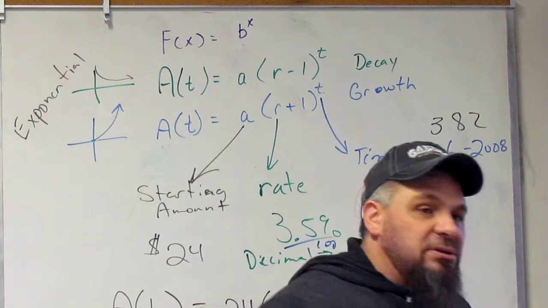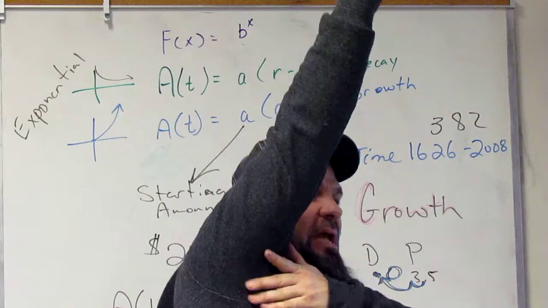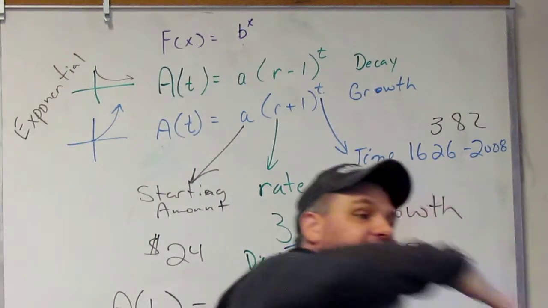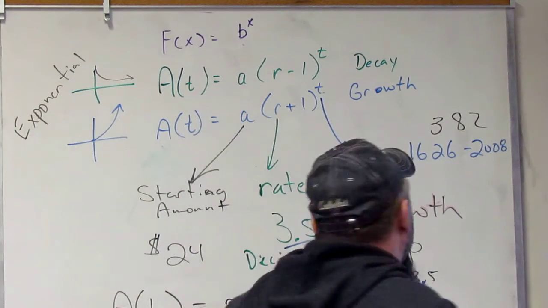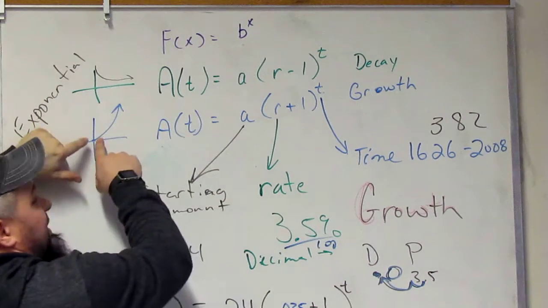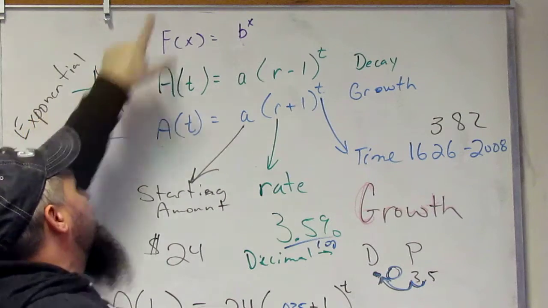So exponential growth grows fast. Exponential decay goes down fast. Now, growth kind of looks like this. It doesn't always, because it starts at different places. It could start way up here and go up.